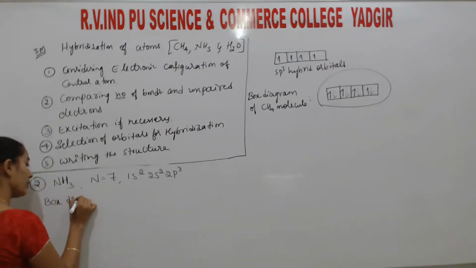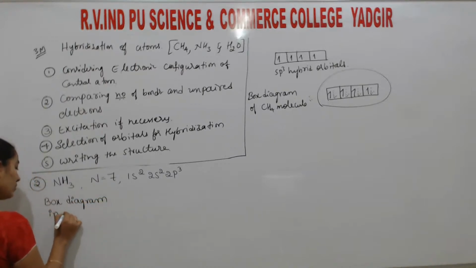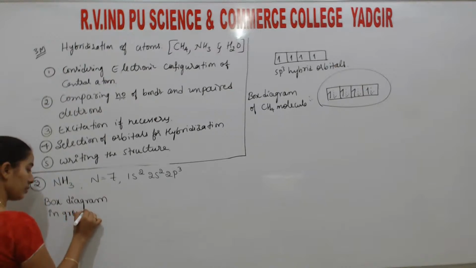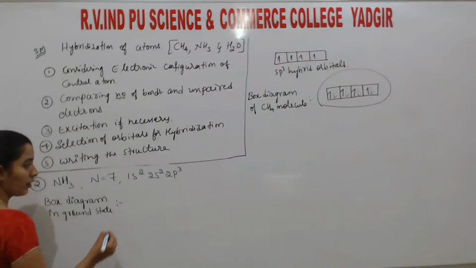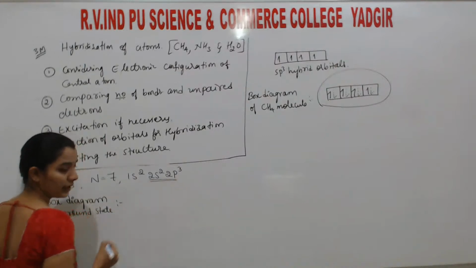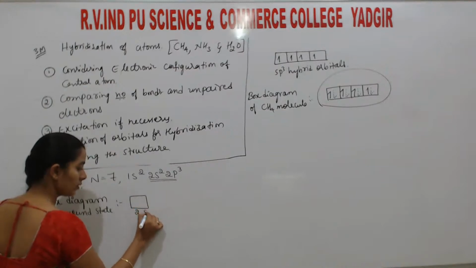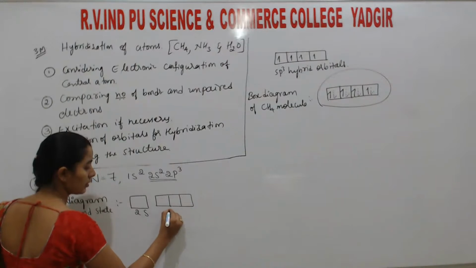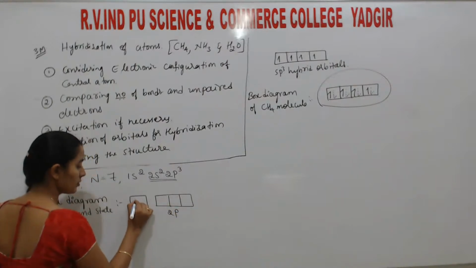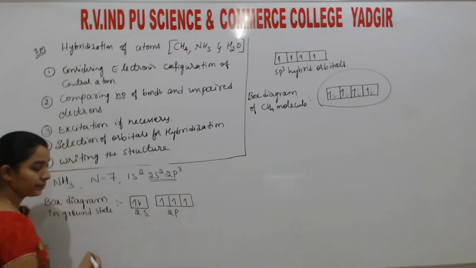Box diagram in ground state. We are considering only the valence shell here. This one, s orbital. This one, p orbital. So 2 electrons are here, 1 electron each.